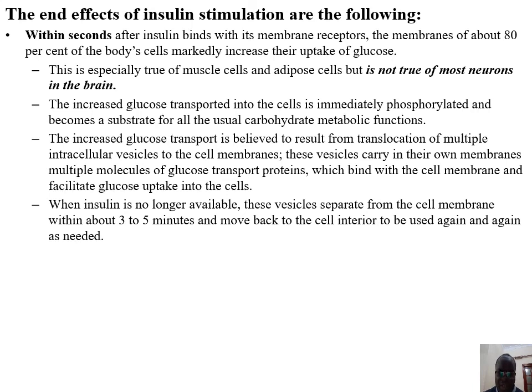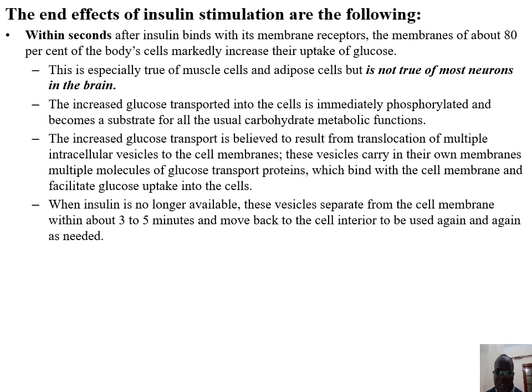The increased glucose transported into the cells is immediately phosphorylated and becomes a substrate for all the usual carbohydrate metabolic functions. The increased glucose transport is believed to result from translocation of multiple intracellular vesicles to the cell membrane.